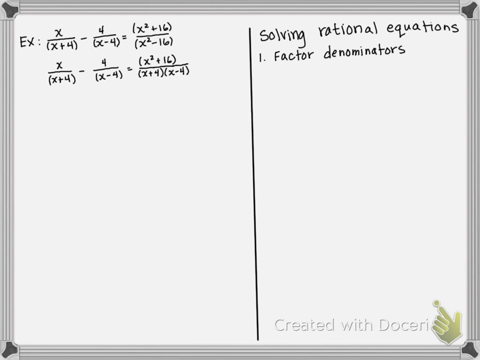So the second thing we're going to do is find the LCM of the denominators. So my LCM in this case, well, remember we did this the other day when we were adding and subtracting.